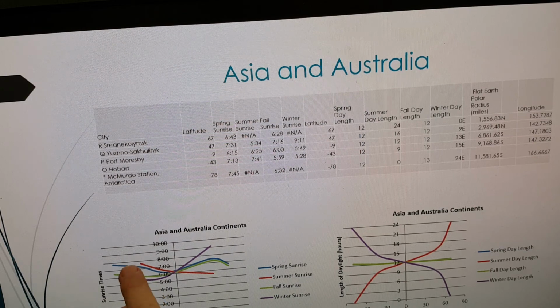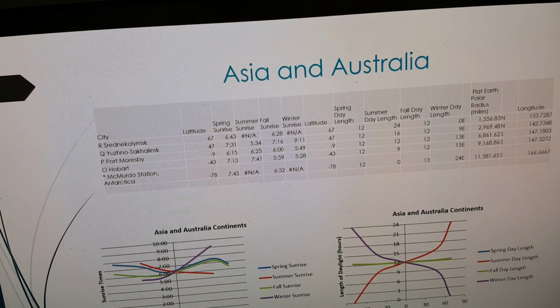You can see the equinoxes follow each other almost identically. Summer and winter solstice are opposite each other, exactly like the other two.